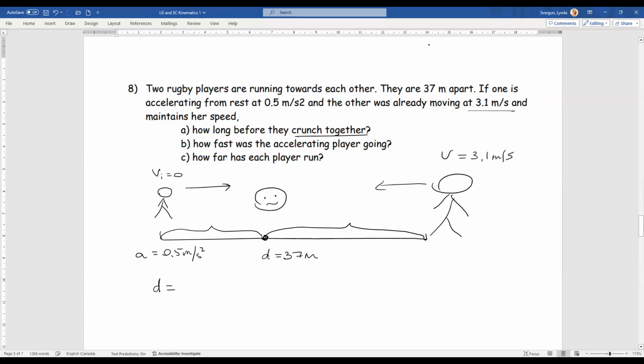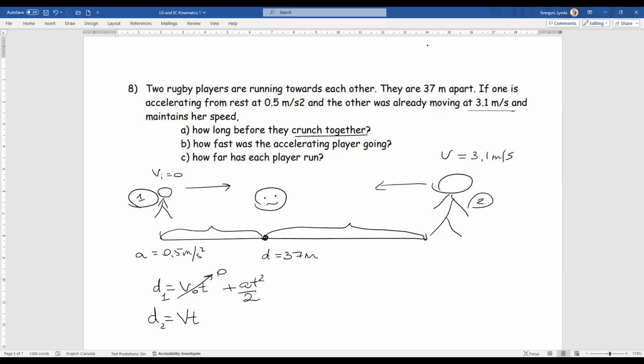Initial speed is 0, so V0t will turn into 0 plus at squared over 2. That's number 1. And number 2, the second person moves with constant speed. Which formula can we use for motion with constant speed? The shortest one: speed by time, so velocity multiplied by time.